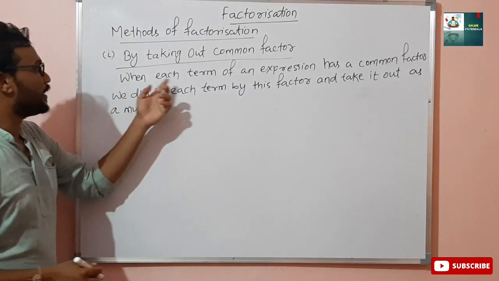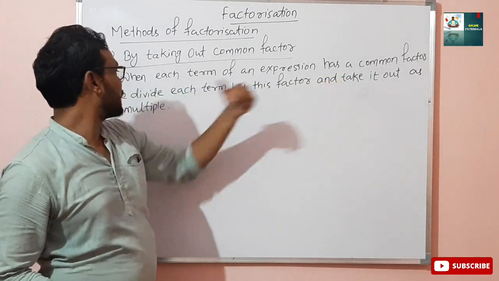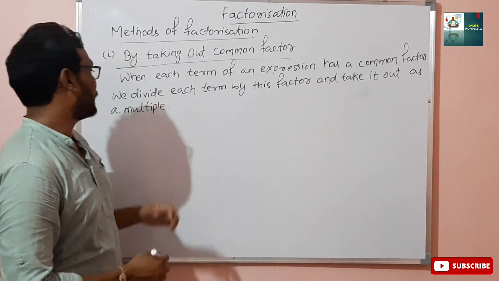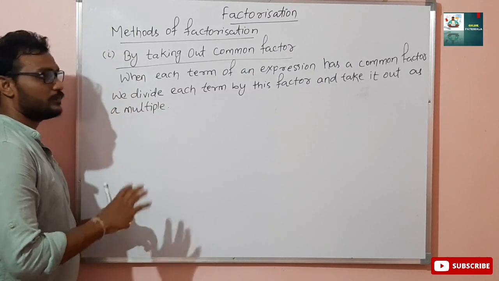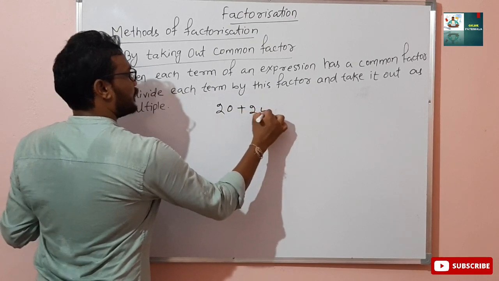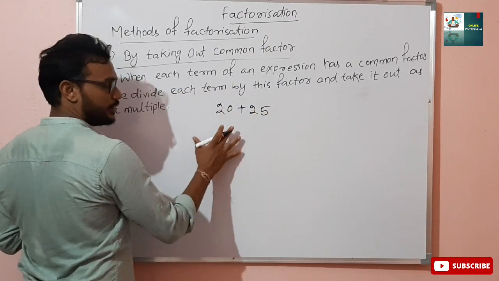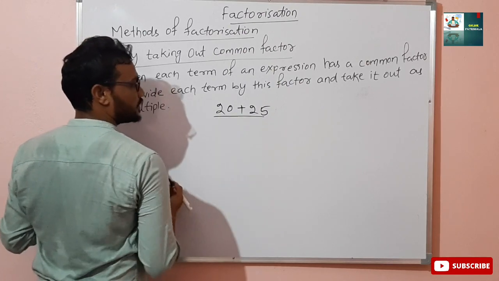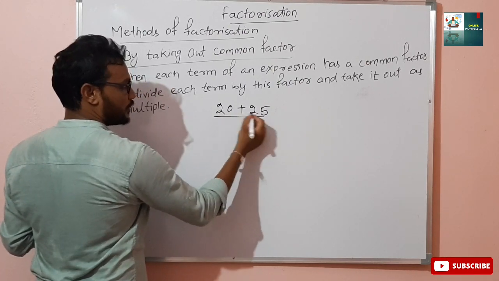When each term of an expression has a common factor, we divide each term by this factor and take it out as a multiple. Let me give you an example for clarification. Suppose I have written here 20 plus 25. What is the common factor of 20 and 25?